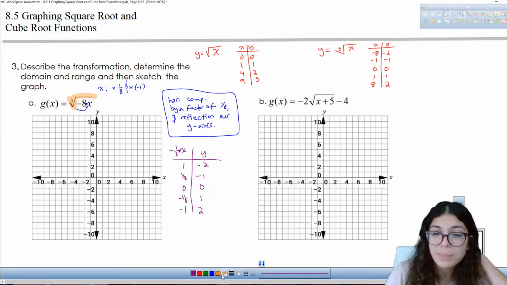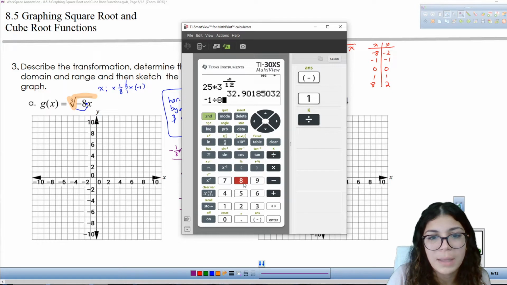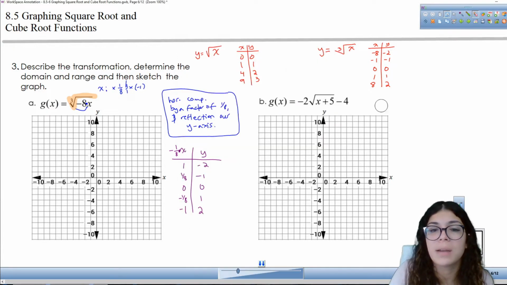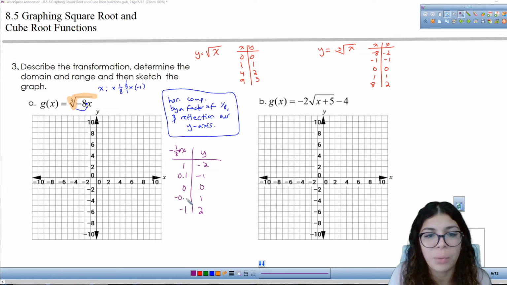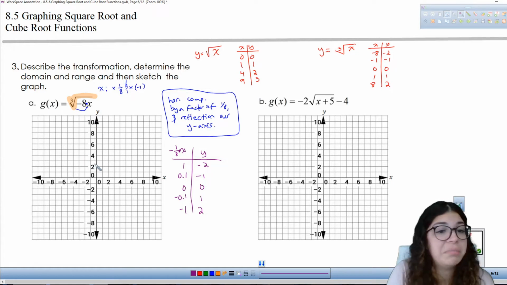Now, 1/8, I will just go ahead and write that as a decimal, which is about 0.1, just because I'm using this for graphing purposes. So I will write this as the decimal because it makes it easier to graph. So positive 0.1 and then negative 0.1. All right. So now we have our ordered pairs and we can graph it and we're done.